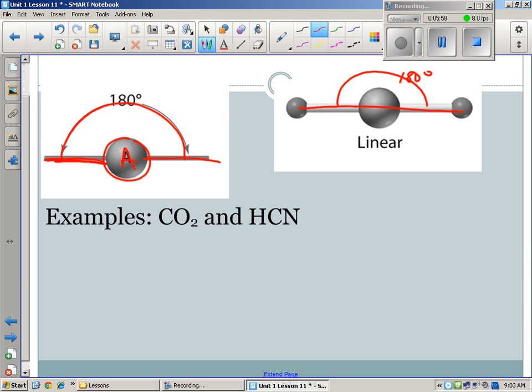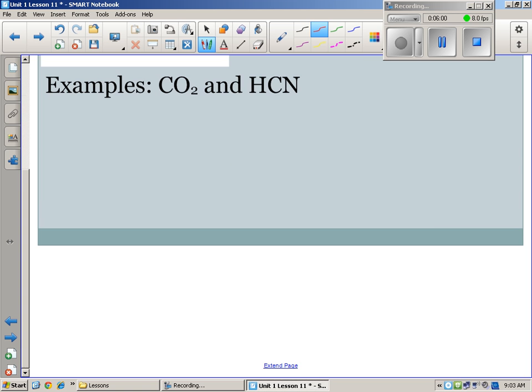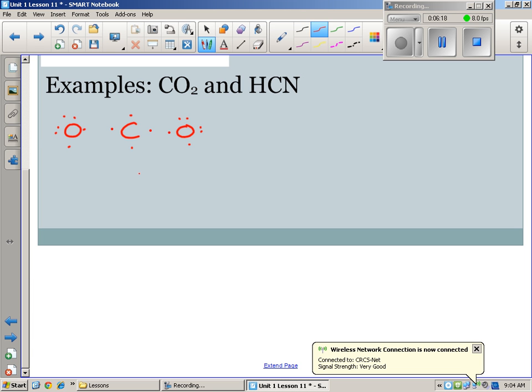Here's some examples. CO2. We'd start with C, and O looks like this, and O looks like that. You can write these in, of course. When these atoms, which are all non-metals, get close enough together, these will hook up here, and these will hook up here to make that molecule.